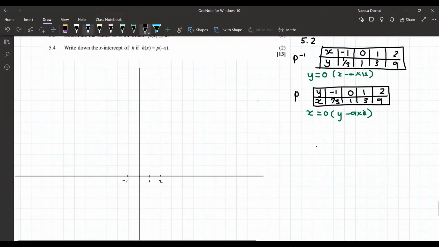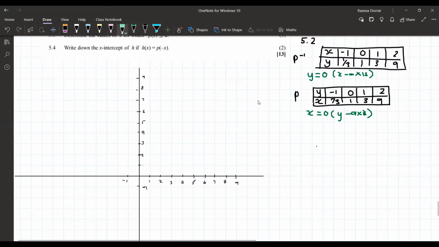And at minus 1, it's a third. Okay, so let's just label this: 1, 2, 3, 4, 5, 6, 7, 8, 9, and then minus 1.